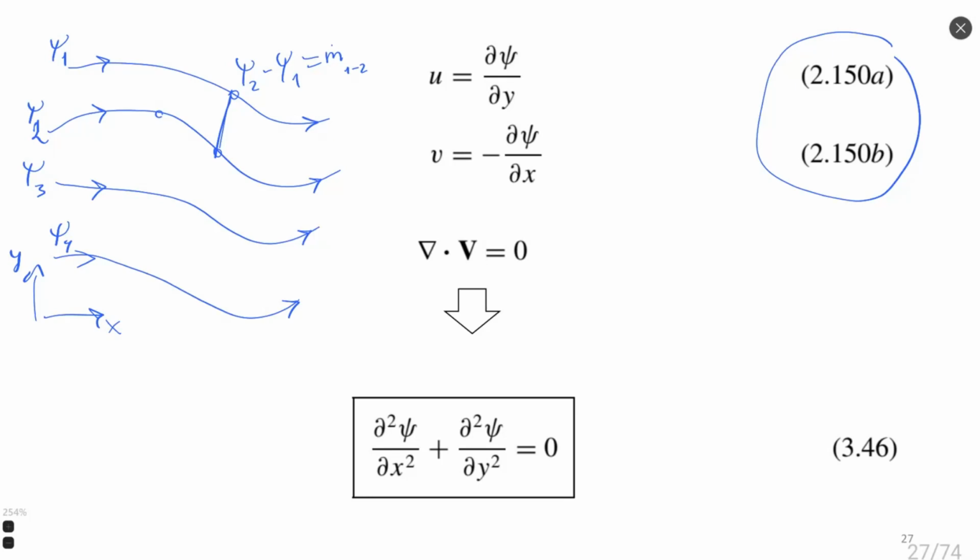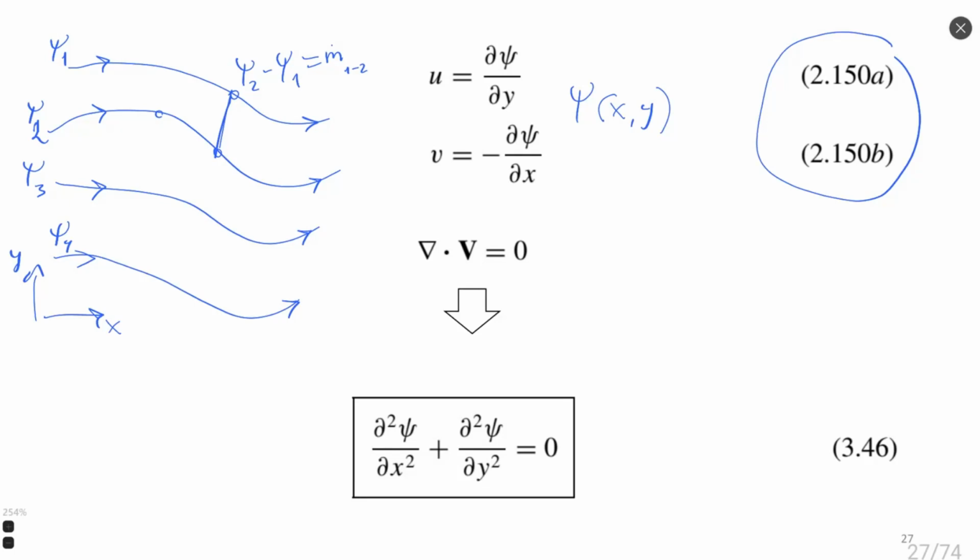When we obtain the streamline function as the integral of equation 150, we need to analyze both of these equations. We will do it when we see our elementary flows, and you will see how simple such integration can be.